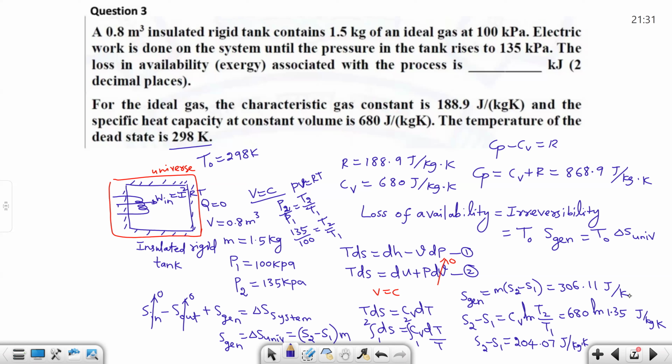So now the irreversibility I is T0, 298, into this 306.11. This product you will get in joule.